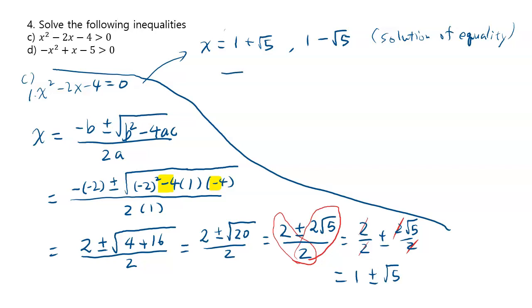Well, put them on the number line. 1 minus square root of 5 is less than 1 plus square root of 5, so I'm going to put 1 minus square root of 5, then 1 plus square root of 5.